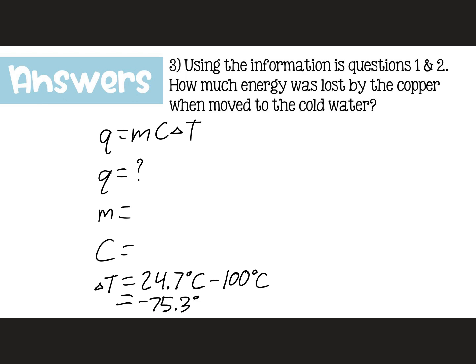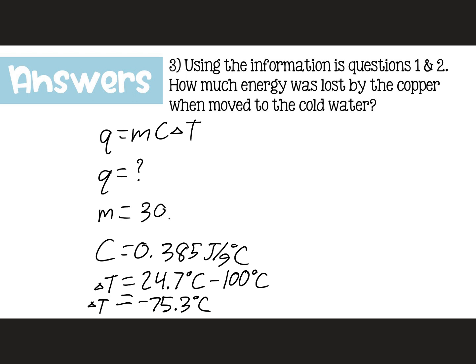So now we need to use that change in temperature from the starting point, which was 100 degrees Celsius, according to the previous problem, to the ending point, which is 24.7 degrees Celsius, just like the water. Our specific heat capacity for copper is still 0.385 joules per gram degree Celsius, and it's still a 30-gram block.